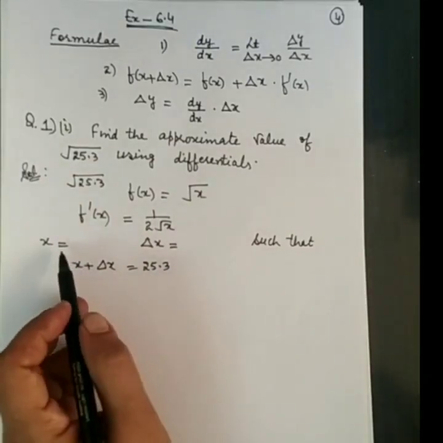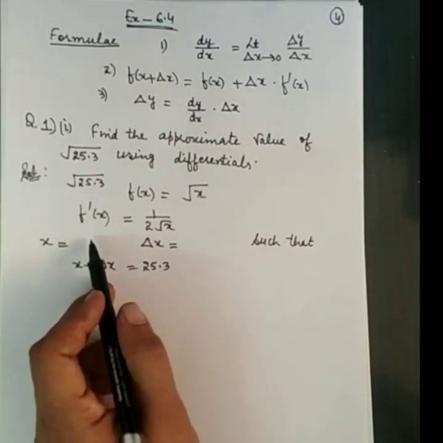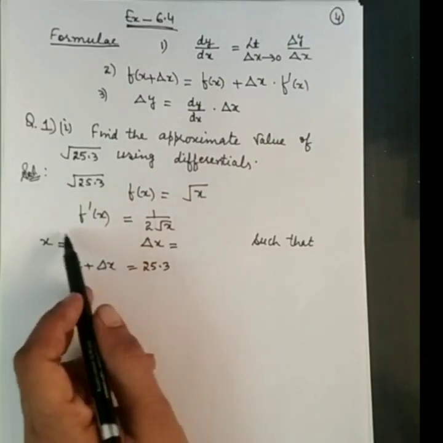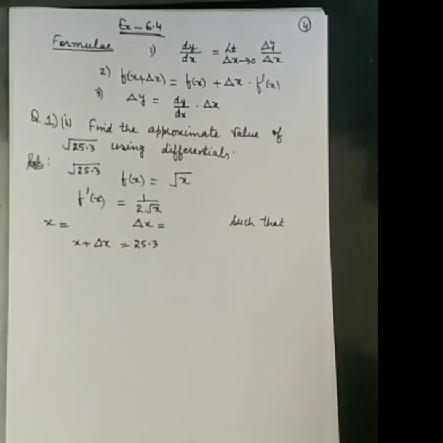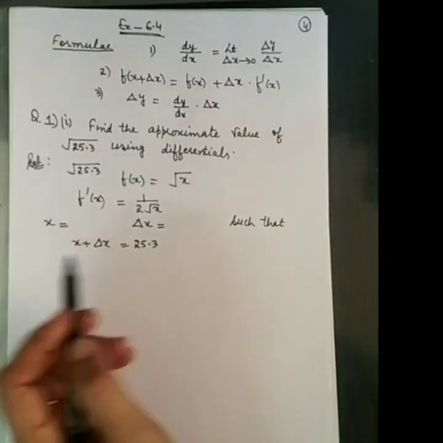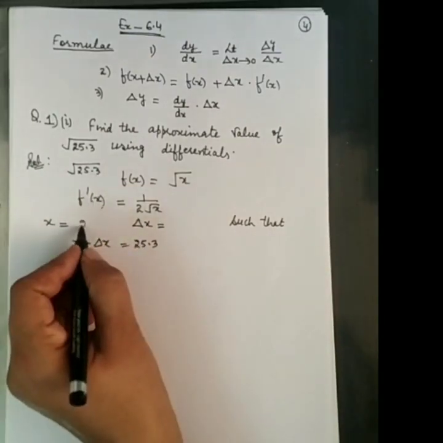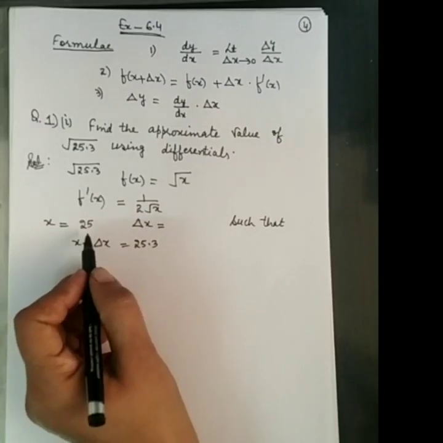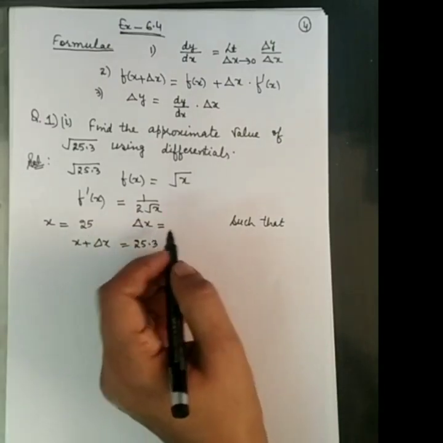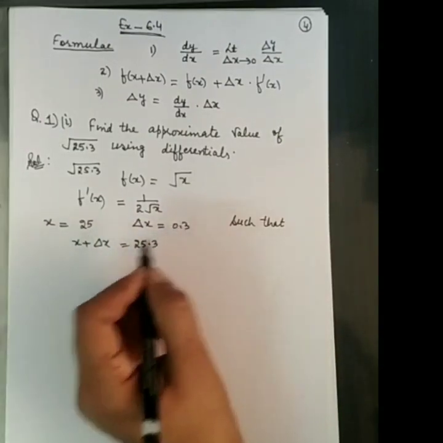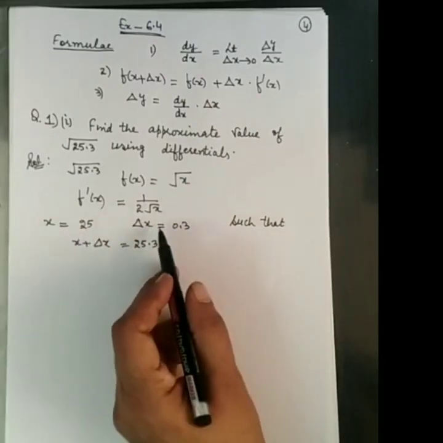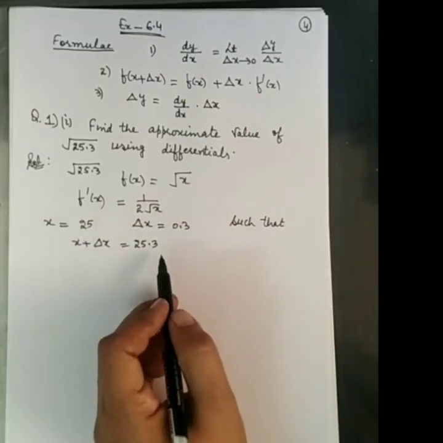So children, you have to choose the value in such a way that the square root of this number can be calculated orally. So 25.3 is nearly equal to 25, whose square root we know, and delta x will be 0.3, so that x plus delta x will be 25.3.